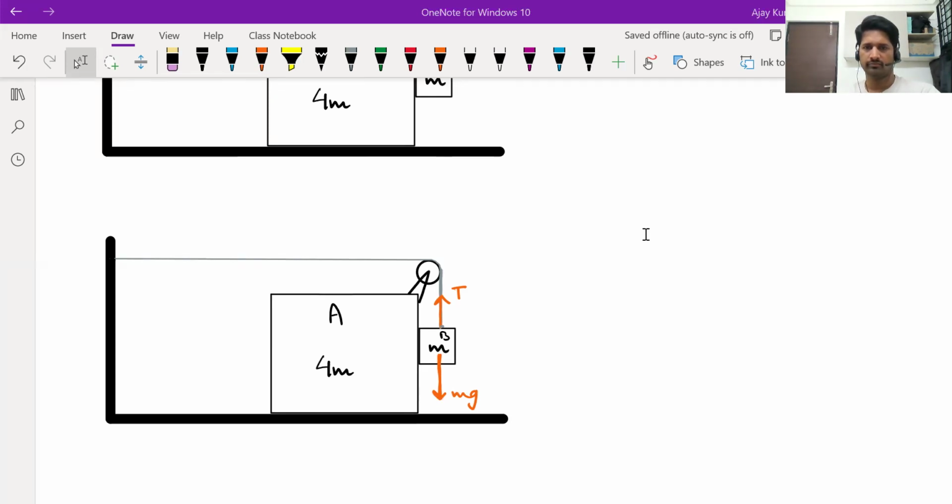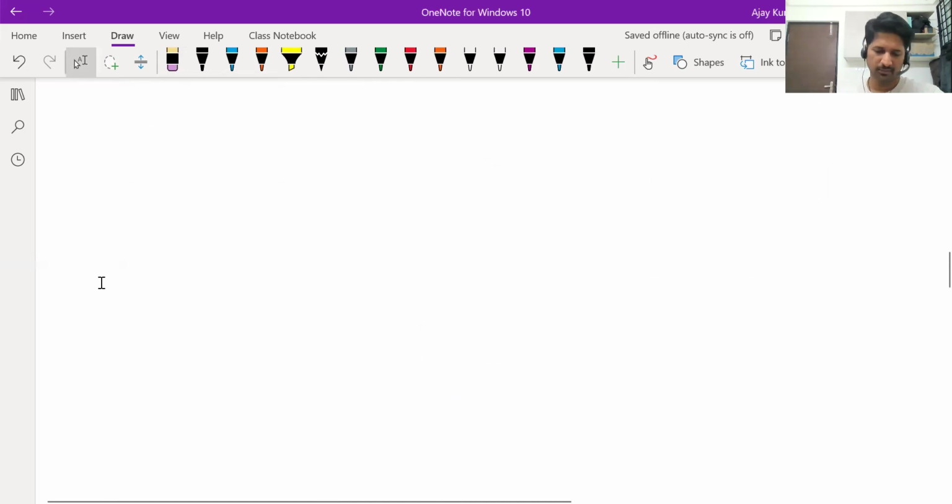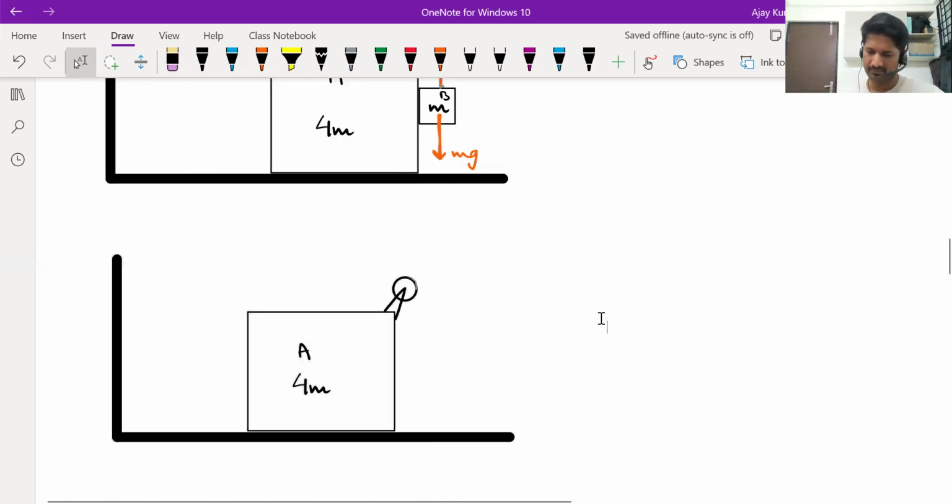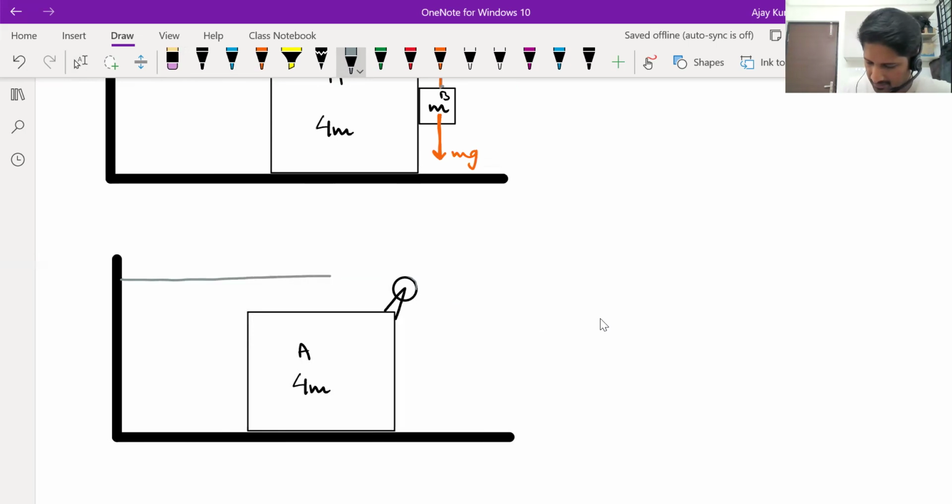Sir, string. Correct. You have to consider the forces acting on the pulley. Initially, this part of the string is horizontal and this part of the string is vertical. Just at the moment of release, this is what the situation is like.